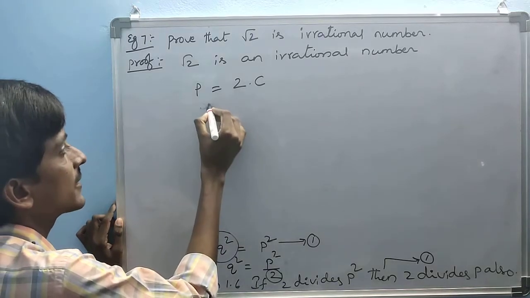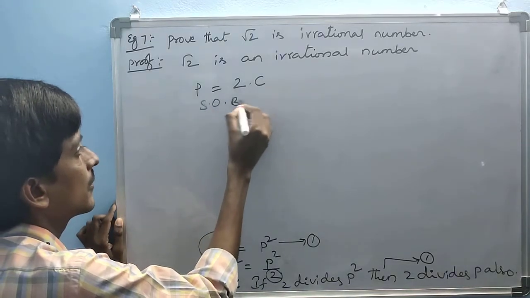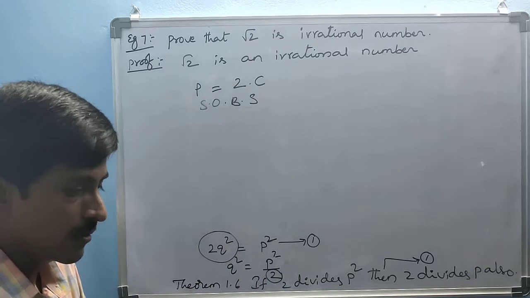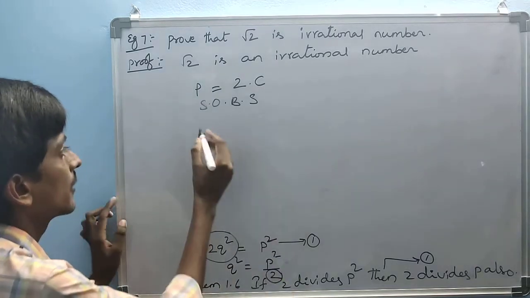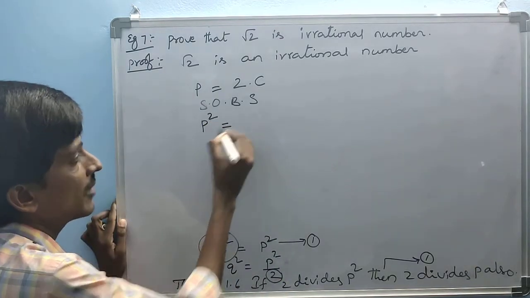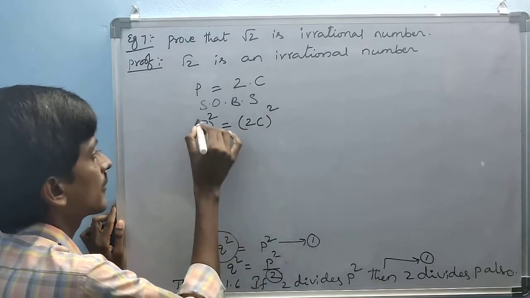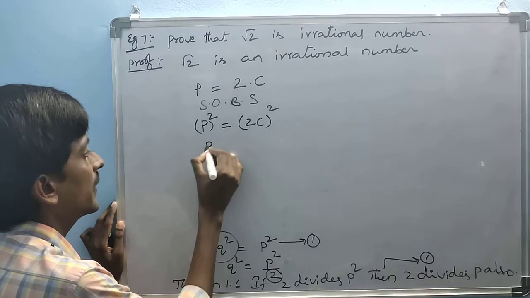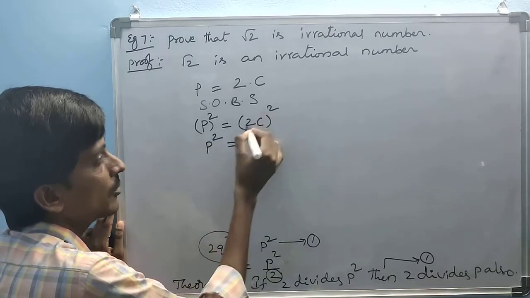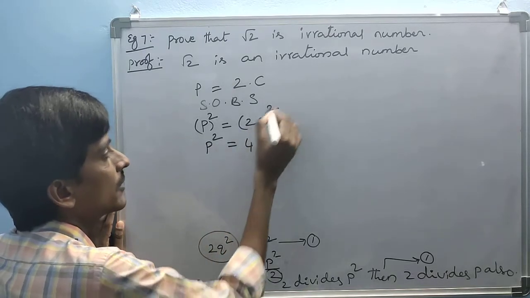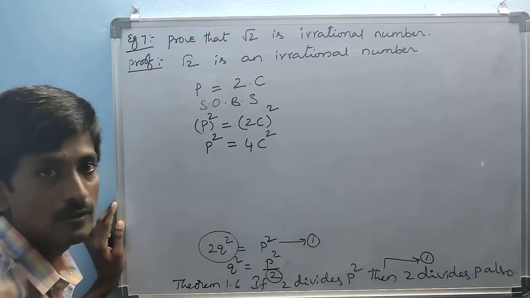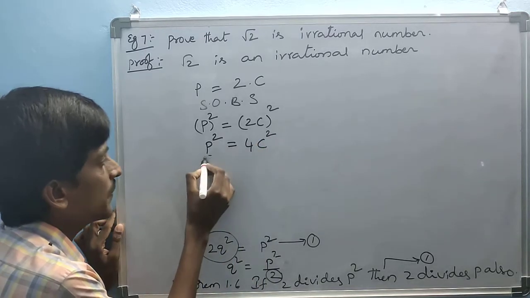Squaring on both sides. p square equals 2c whole square. p square equals 2c whole square means 2 square, 4c square. Okay. What is p square?